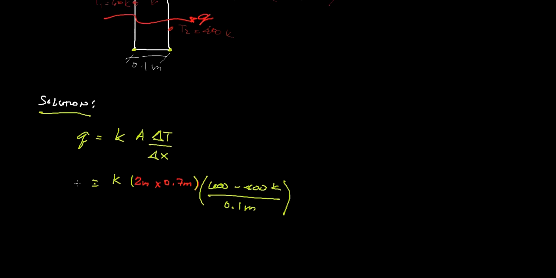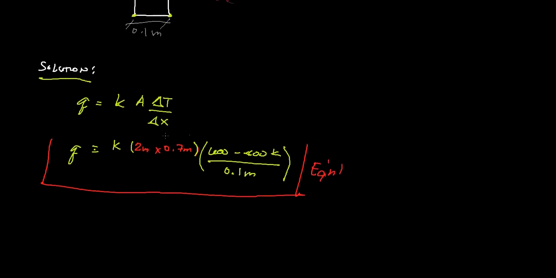So we have now this equation, and let's call it equation 1. Before we can come up with the rate of heat transfer through conduction, we need to find the value of our K.